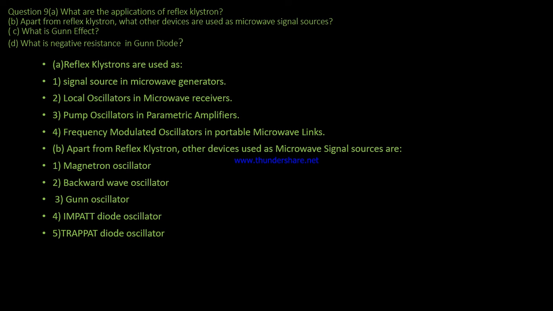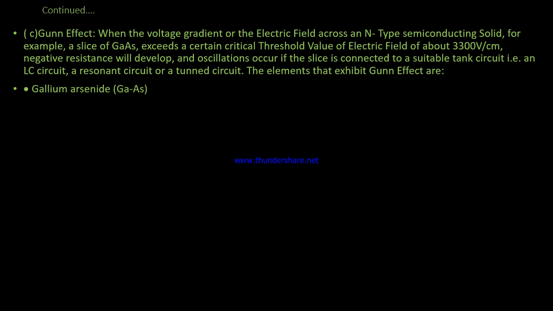The C part, Gunn effect. When the voltage gradient or the electric field across an N-type semiconducting solid, for example, a slice of gallium arsenide, exceeds a certain critical threshold value of electric field of about 3300 volts per centimeter, that is like 3.3 kV per centimeter, a negative resistance will develop.